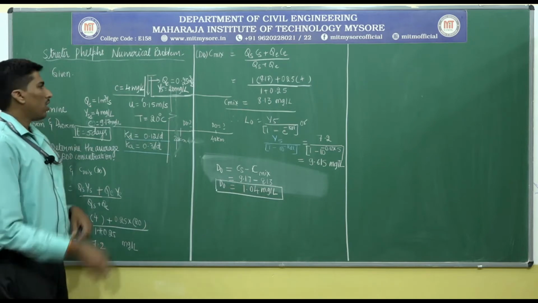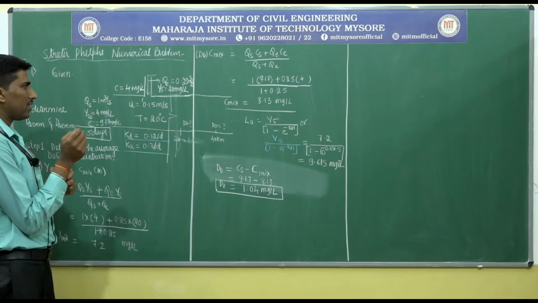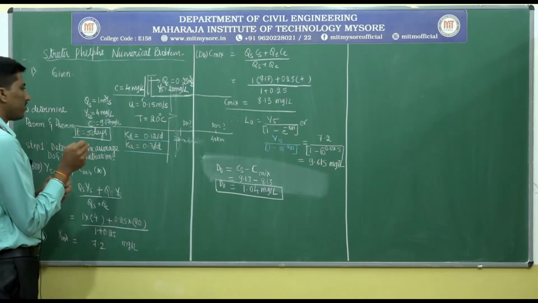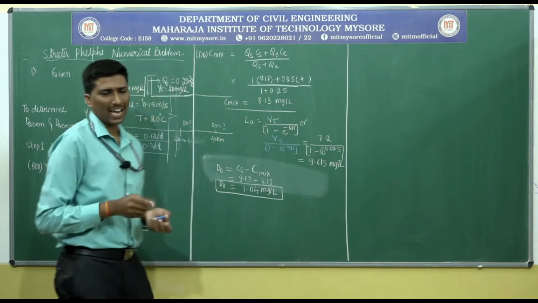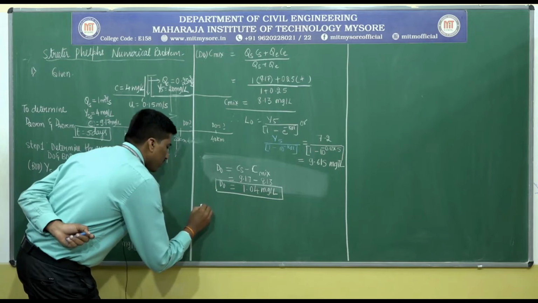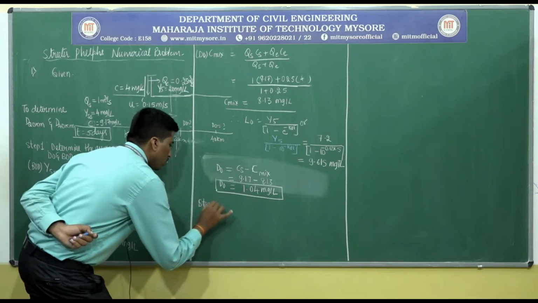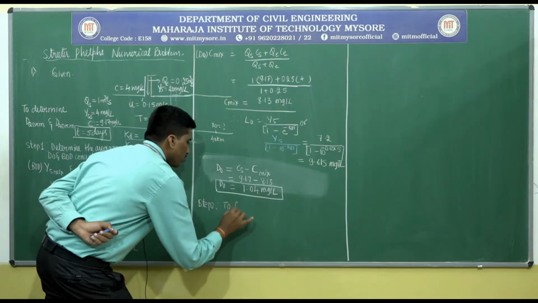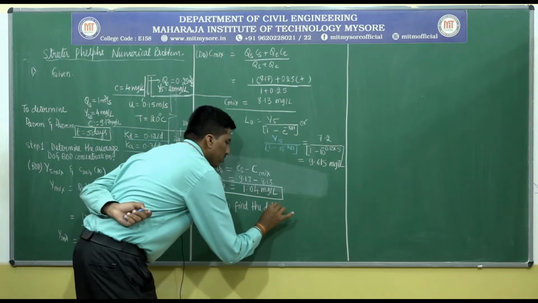Now we have found the required data. The next step, step 2, is to determine the deficit at 20 kilometers. In order to determine the deficit, I need to know the time.